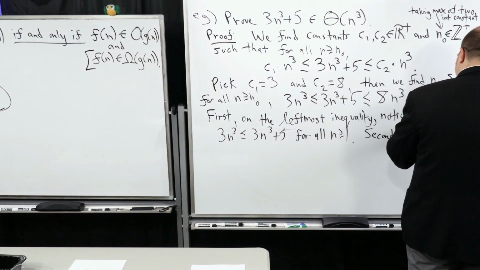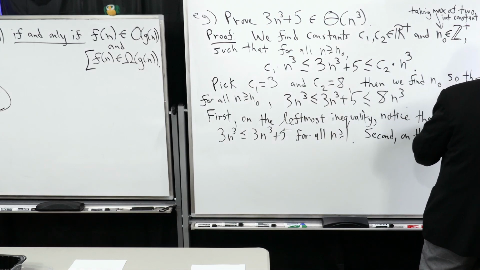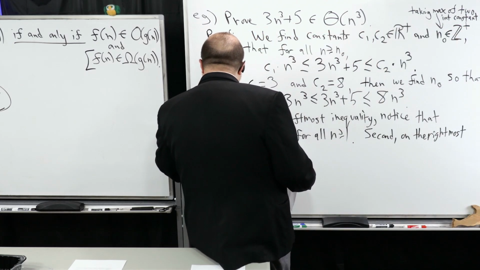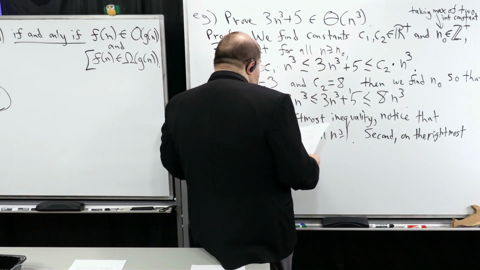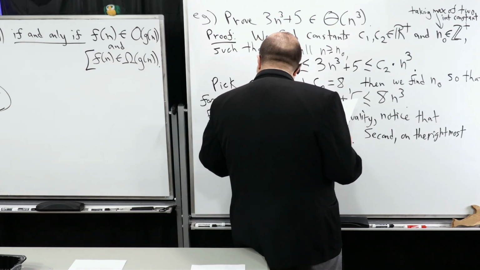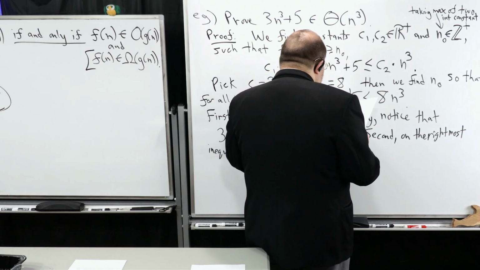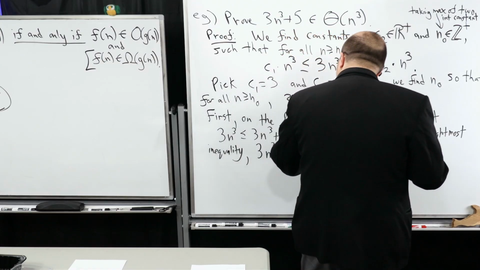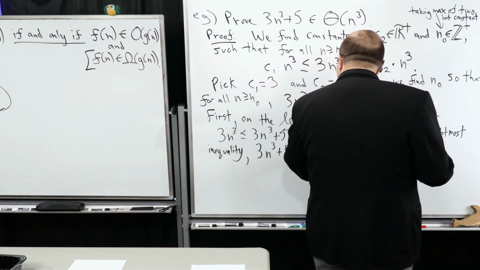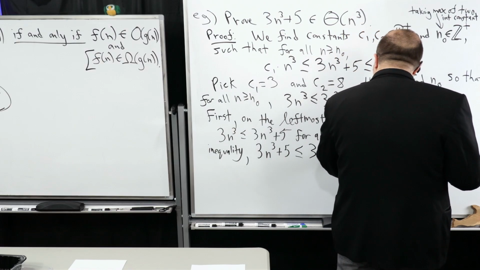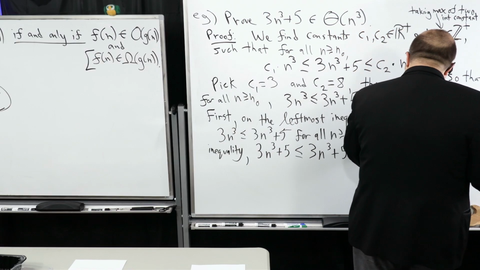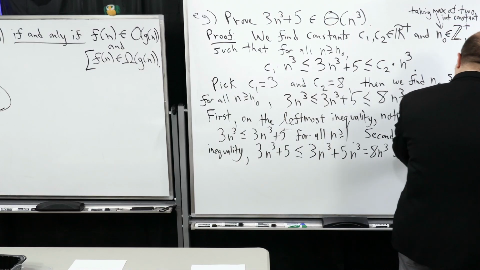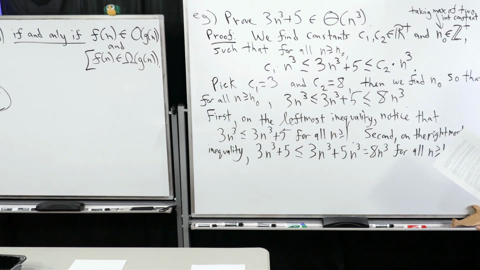on the rightmost inequality, 3n cubed plus 5 is less than or equal to 3n cubed plus 5n cubed, which is equal to 8n cubed for all n greater or equal to 1, and we're going to use our bucketing argument that we had before.